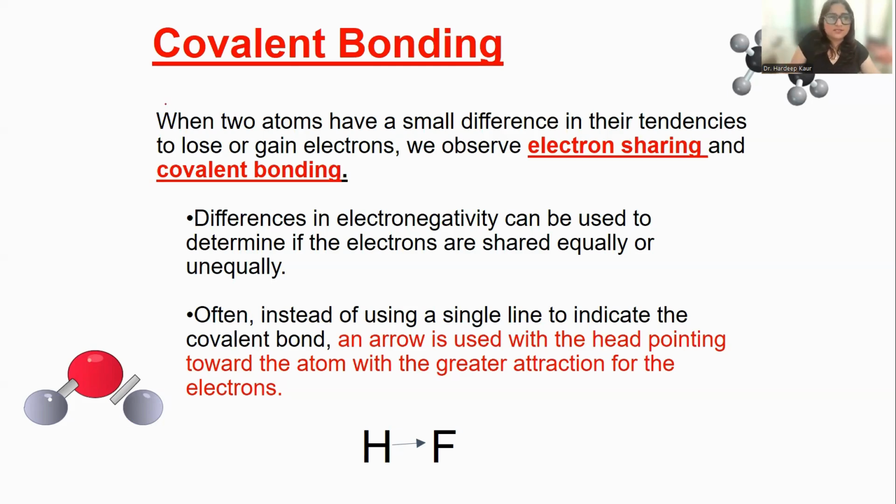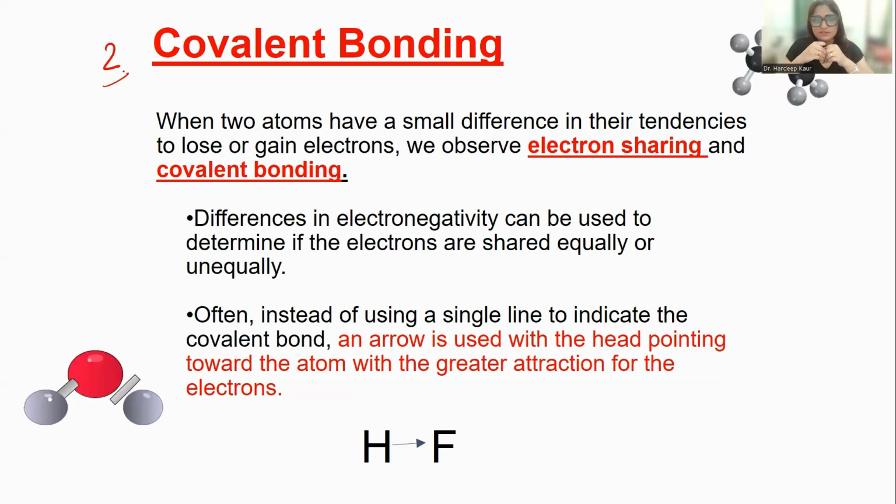Now come to the second point, covalent bonding. When two atoms have a very small difference in their tendency to lose or gain electrons, the tendency to attract the electron pair is very small, so there is very little electronegativity difference between the two atoms. Then they just share the electrons, and covalent bonding is formed.